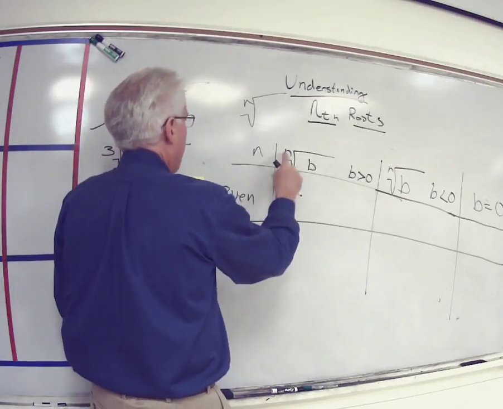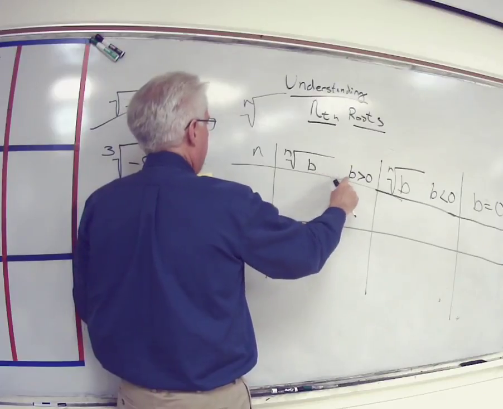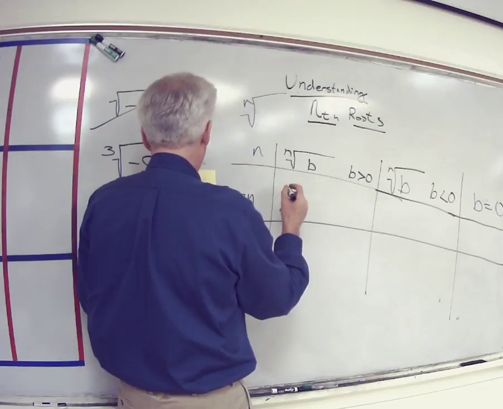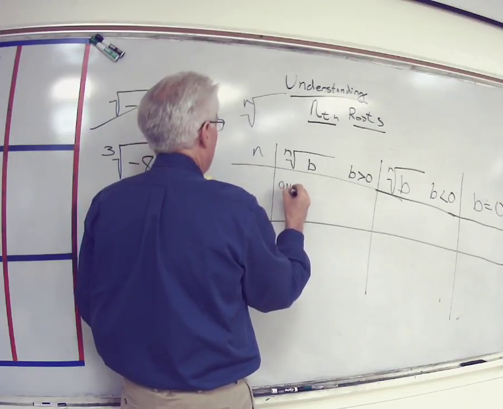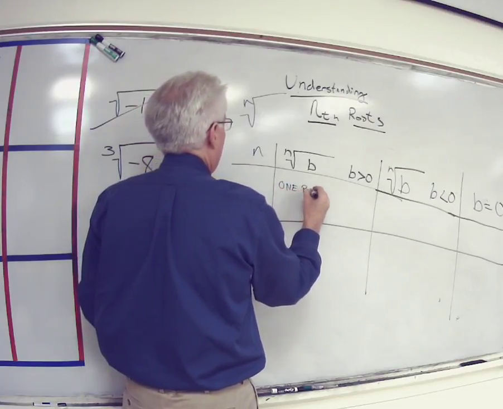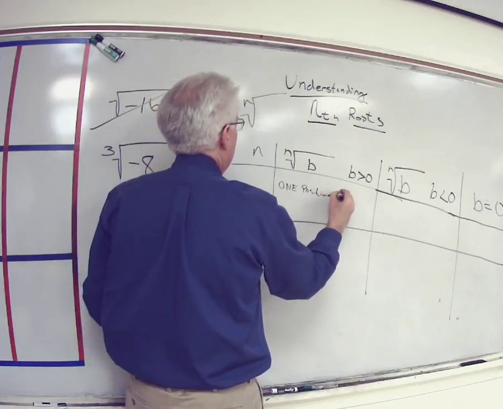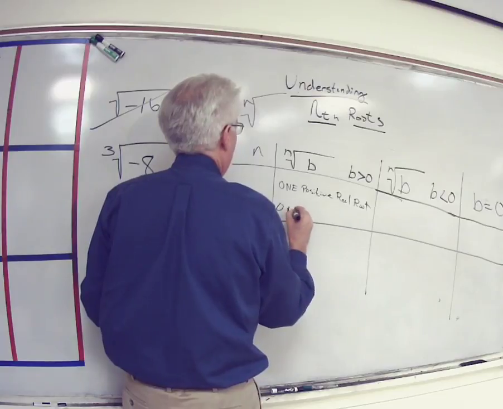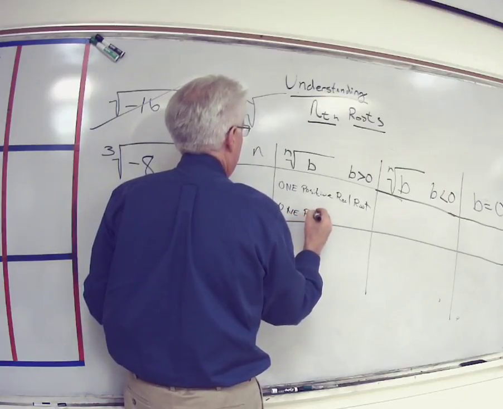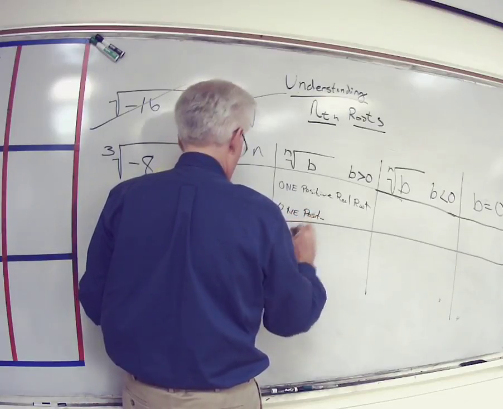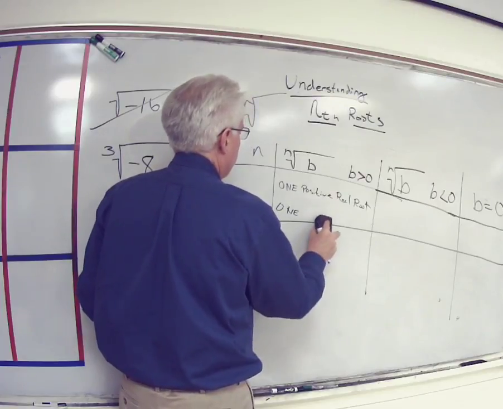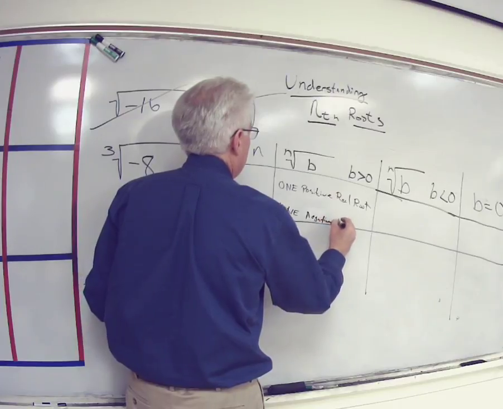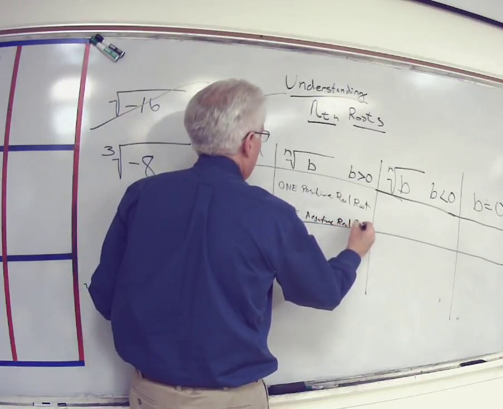So, if you have the nth root of b, and b is greater than 0, you have one positive and one negative real root.